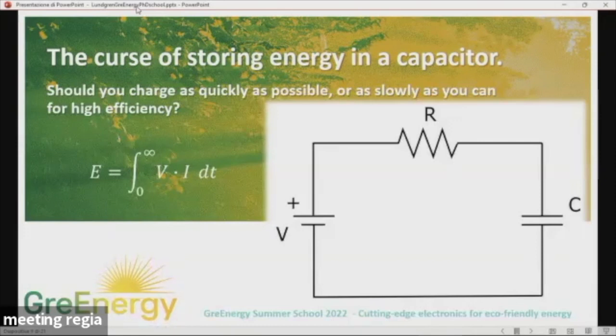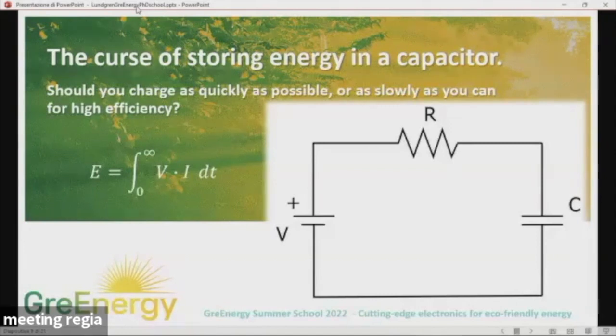And if we have a choice of charging as quickly as possible or as slowly as we can to move the charge, the DC from the rectifier into the capacitor, should we do that as quickly as we can or as slowly as we can to maximize efficiency?